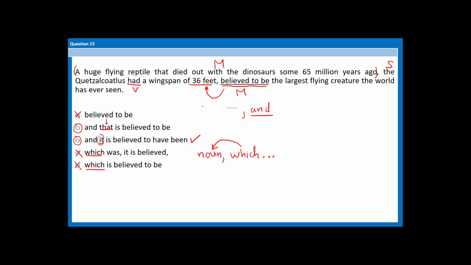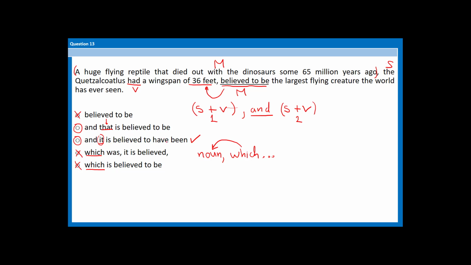Be careful because comma and can connect two independent main clauses. You can have a subject plus a verb, comma and, then you need another subject plus a verb. Okay, so a comma plus a connector such as and can connect clause number 1 with clause number 2. That's why after comma and you need a subject and a verb.